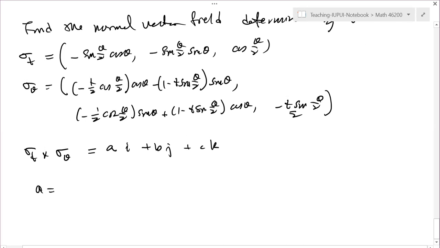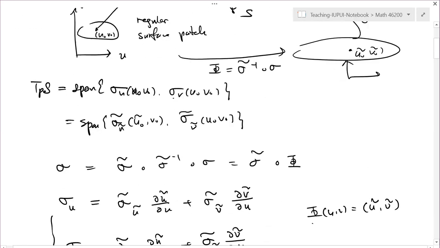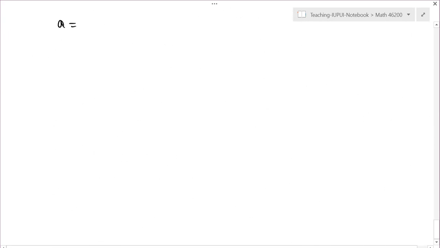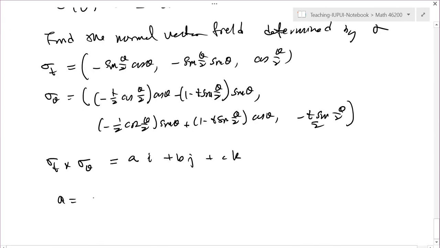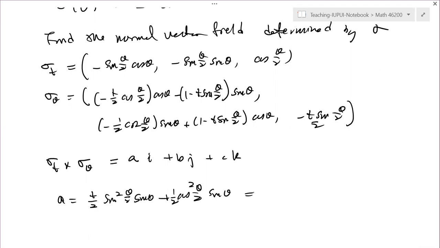So for the A, this will be the cross product. It will be half of t sine half of theta sine theta. That's a minus, so plus cosine half of theta squared, one half and sine theta. After simplifying, where I'm supposed to have a t here, right?